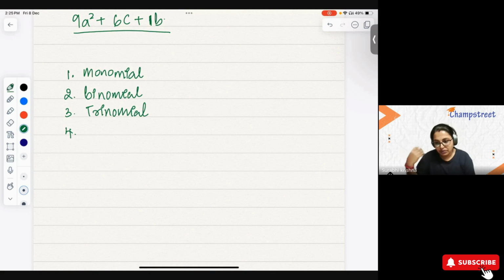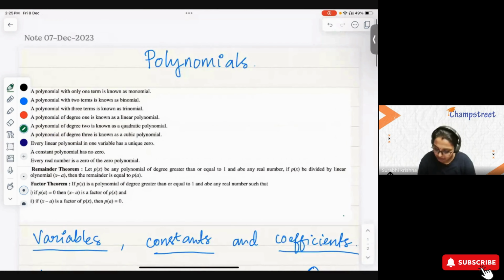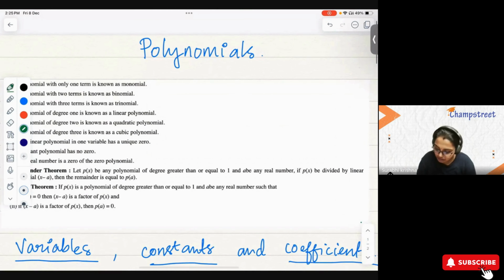From number of terms, if it increases beyond that, in general, we call it a polynomial. Okay, so a polynomial with one term is known as monomial. A polynomial with two terms is called a binomial, and polynomials with three terms are trinomials.